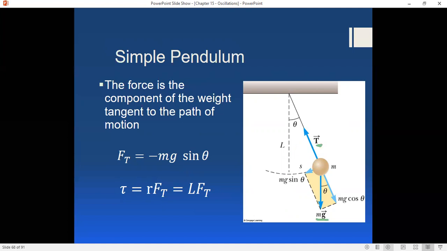In fact, the tension only takes care of one component of the weight, and that is the component along the length of the string. So we actually end up with this additional component, and that's what we saw originally. That's the tangential force, or the transverse force. So the tangential force on the pendulum bob becomes equal to negative mg sine theta. And again, we're going to replace the sine theta for those small angles with theta.